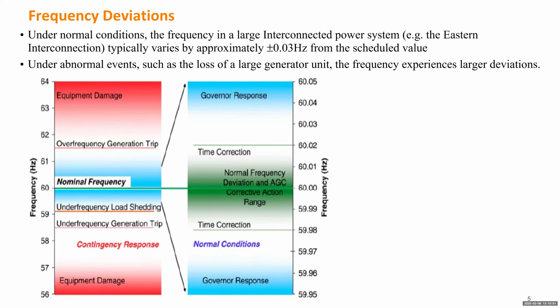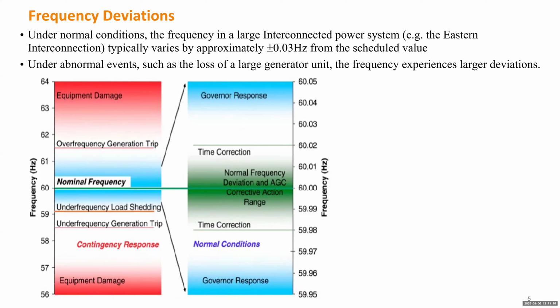But literally speaking, the normal frequency really means very close to 60 hertz. So if you zoom in on the blue region in the first chart to get the second chart, you see that the green region only covers about 10 to 20 millihertz, right?